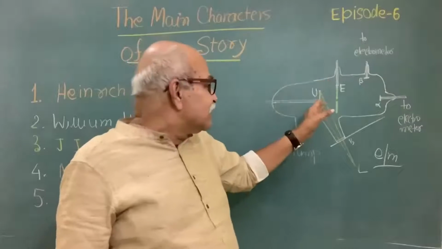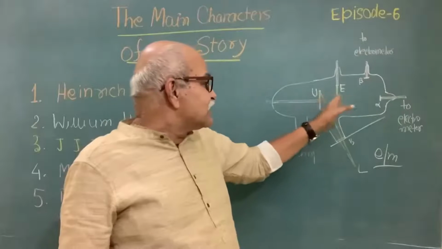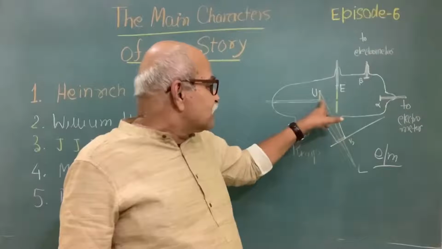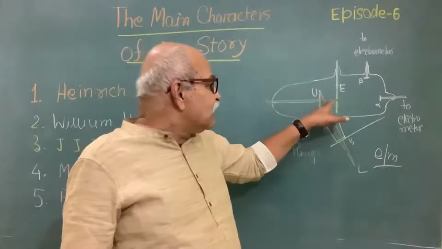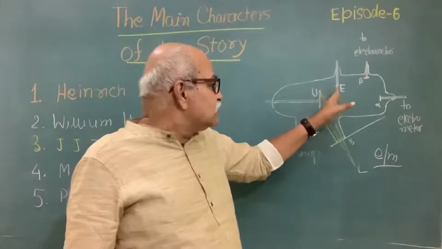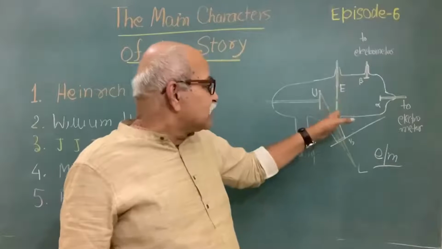But here the cathode rays are emitted with a very small velocity, and with the same velocity we can change only a little bit of it, right?